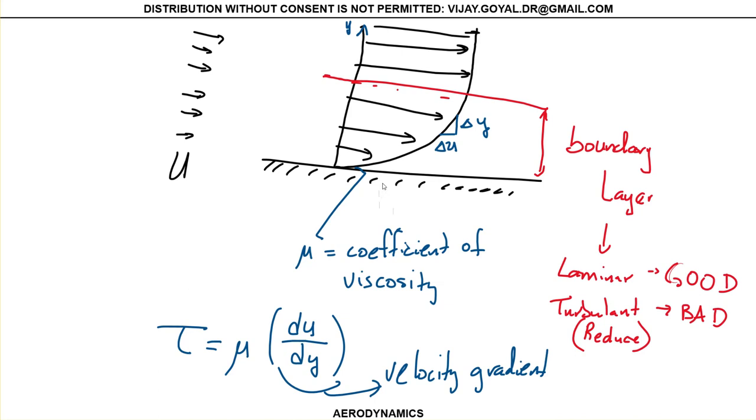It looks very nice and fluid here, but the velocity gradient can be very nasty as we move on. For example, say you have a high angle of attack, so now your fluid is coming here, slightly contacting, but then it starts to separate.